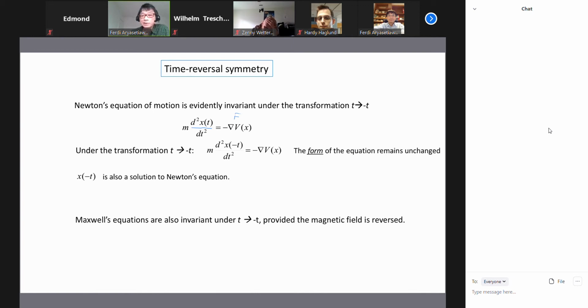So obviously this equation is invariant under time reversal. We change t to minus t, because this is quadratic it doesn't change the form of the equation. So x of minus t is also a solution to Newton's equation.